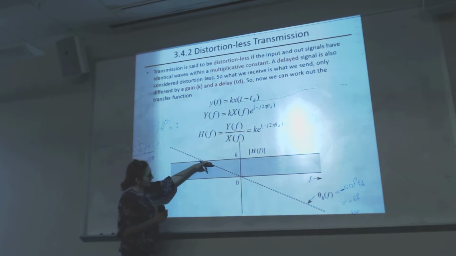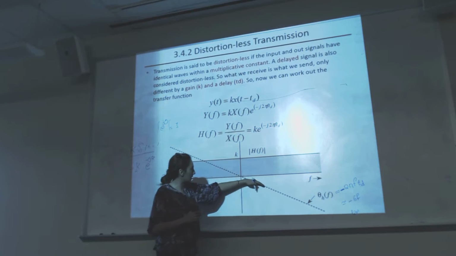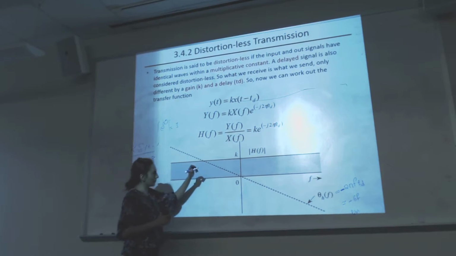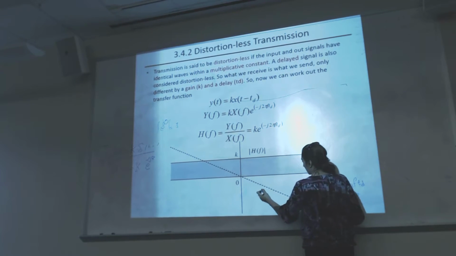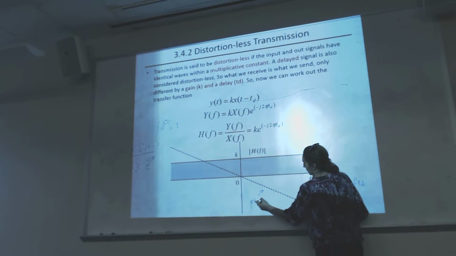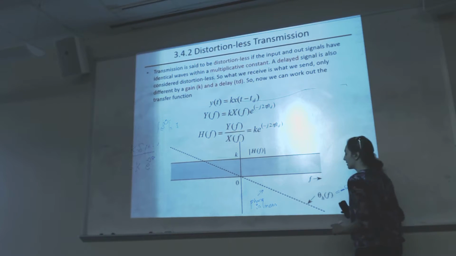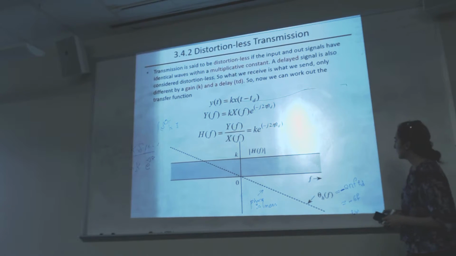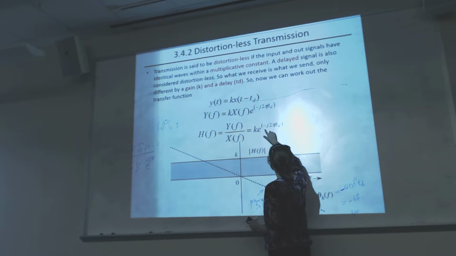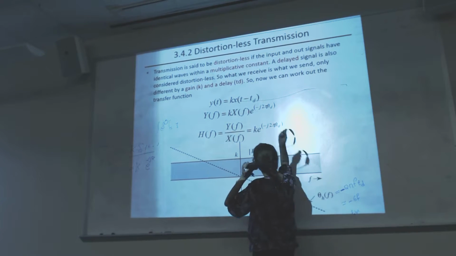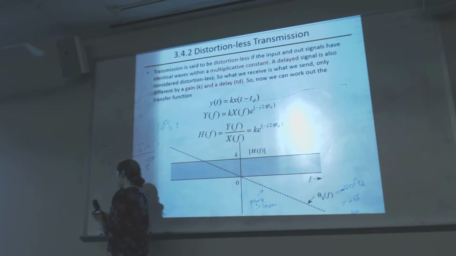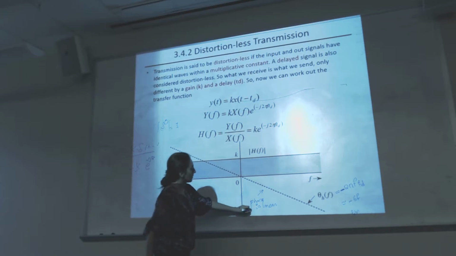The dotted one that you see is the phase, and it's linear. I guess we talked about this: linear phase is not that bad, because linear phase means just a delay. It really doesn't change my signal, it just shifts it in time.